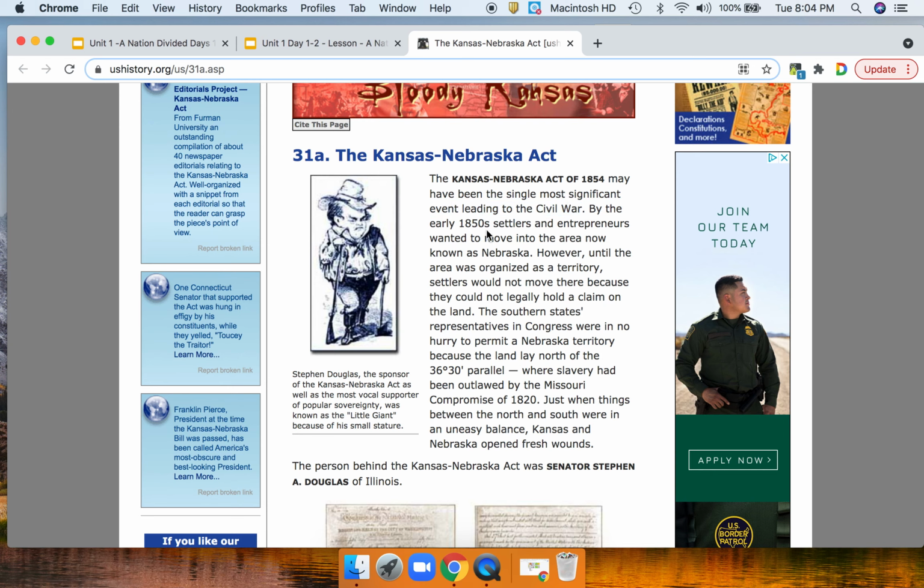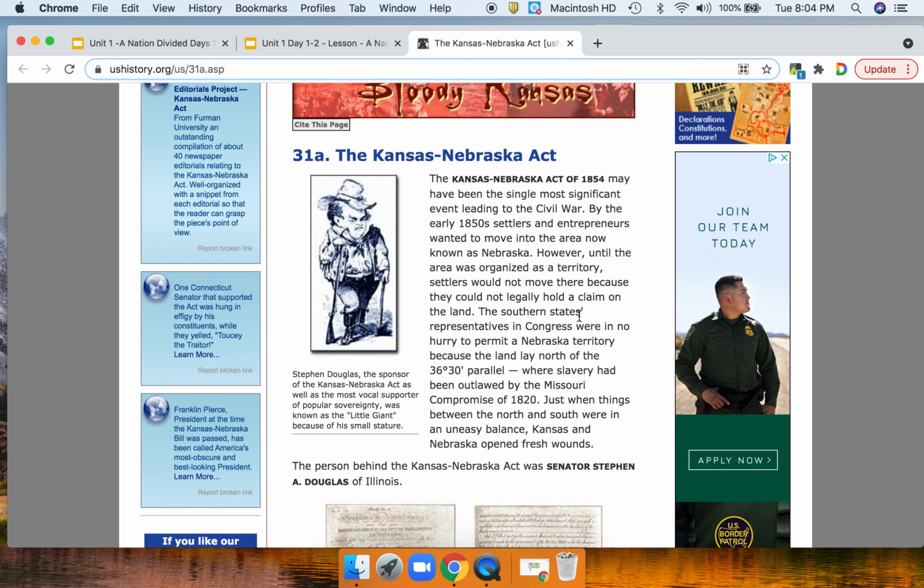By the early 1850s, settlers and entrepreneurs wanted to move into the area now known as Nebraska. However, until the area was organized as a territory, settlers would not move there because they could not legally hold a claim on the land.